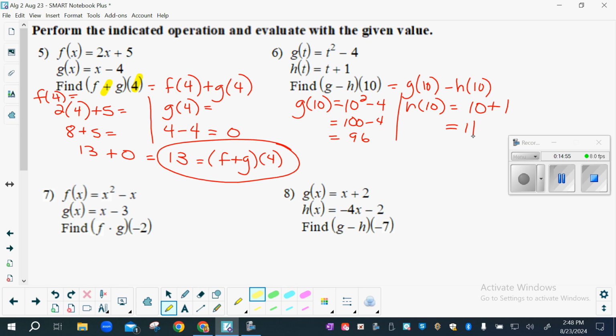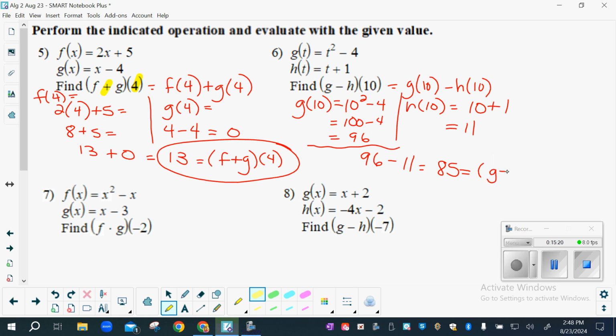And now when we're doing subtraction, we're going to take the 96 minus the 11 because it's g of 10 minus h of 10. Does that make sense? So 96 minus 11, which is 85. And that's our answer.